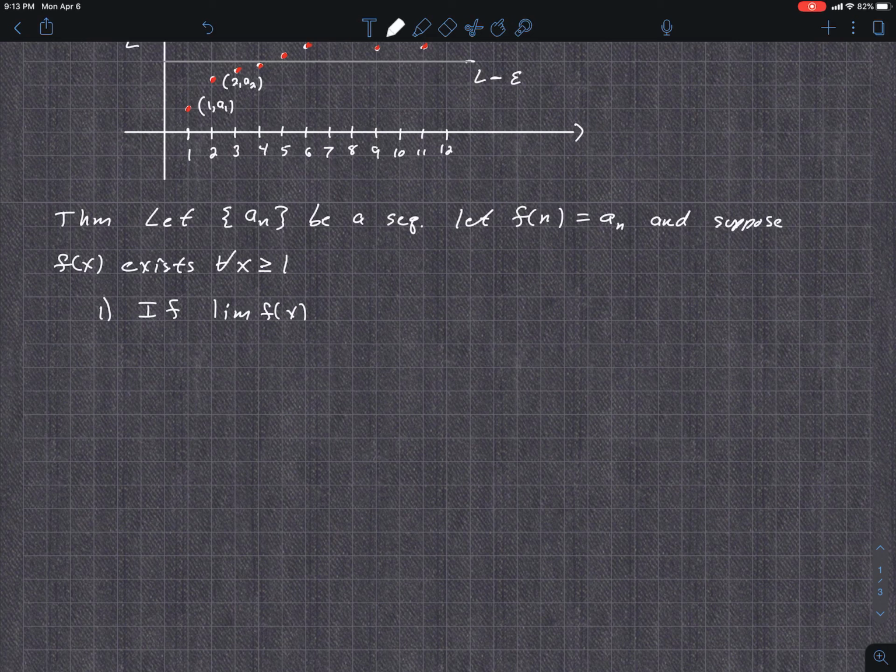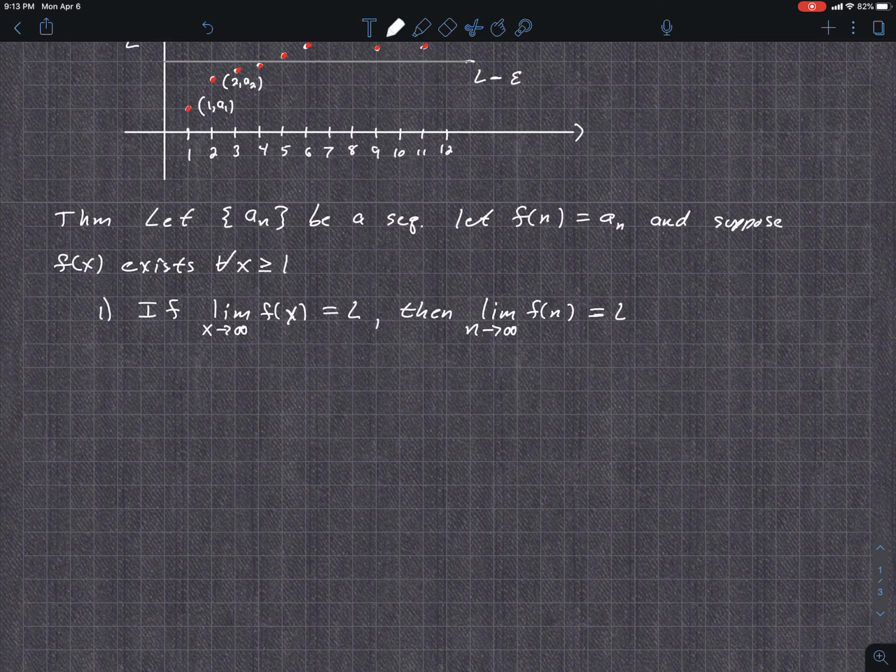One, if the limit of f of x as x approaches infinity equals L, then the limit of f of n as n approaches infinity also equals L. So what it's saying is if the limit exists in the reals starting at 1, then so does the limit as n approaches infinity for the naturals.